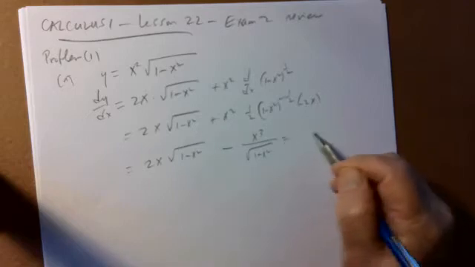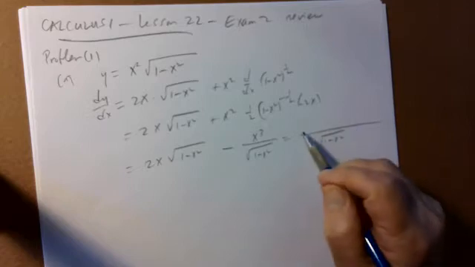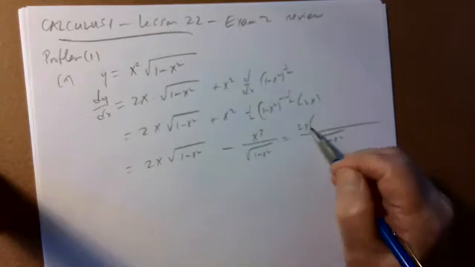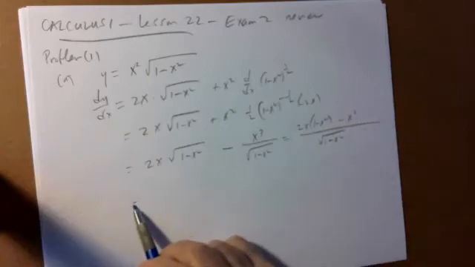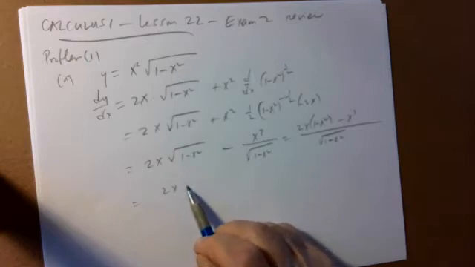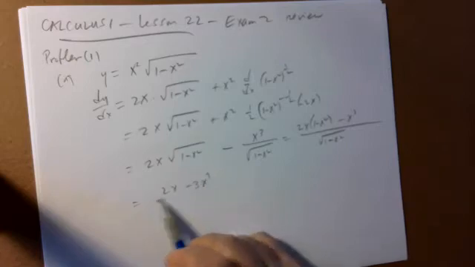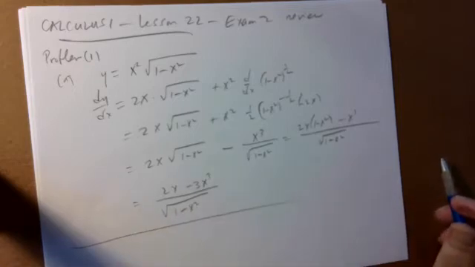And if you put this over a common denominator of the square root of 1 minus x squared, you get 2x times 1 minus x squared minus x cubed. So this is 2x minus 3x cubed over the square root of 1 minus x squared.